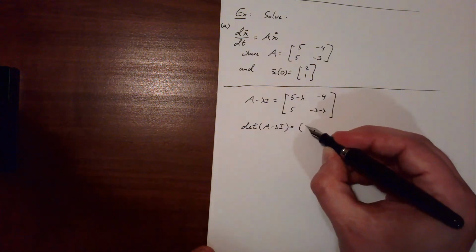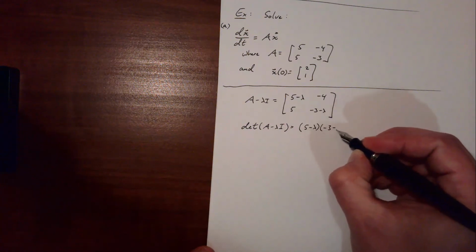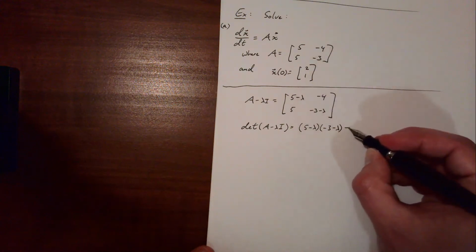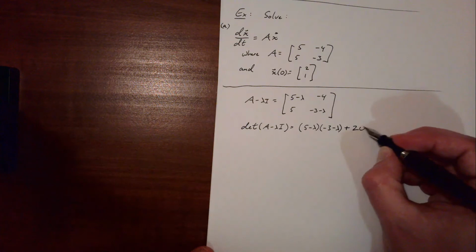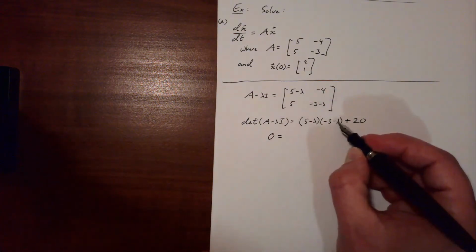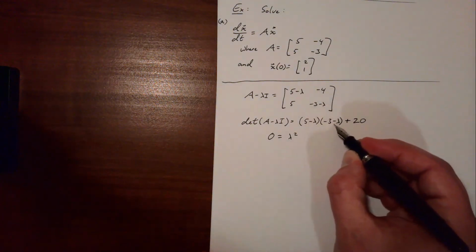And what's that give us? 5 minus lambda times -3 minus lambda, so -4 times 5, in other words plus 20. So 0 equals, and what do we have here? Positive lambda squared.